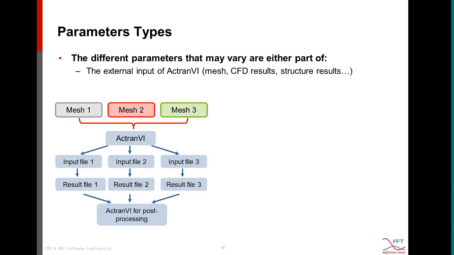This is just an example of a change of mesh, but we can imagine there may be changes of dimension of the problem specified in the mesh file, a change of the structure vibration result for a subsequent acoustic radiation, or a change of CFD data containing flow result for a subsequent aero-acoustics analysis in Actran.